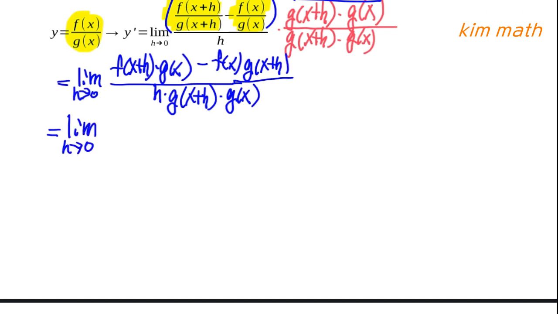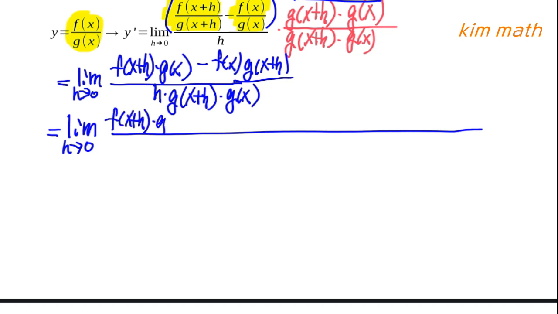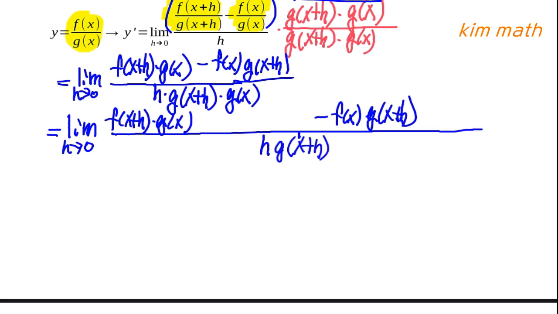Now I will do some work for this expression. First, let me copy f of x plus h times g of x minus f of x times g of x plus h over h times g of x plus h times g of x.